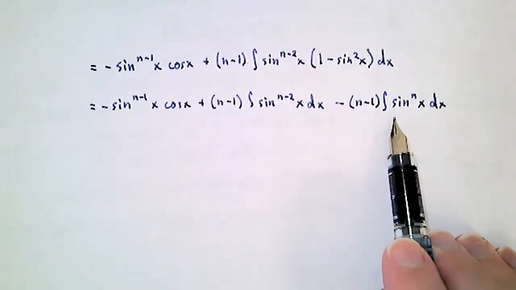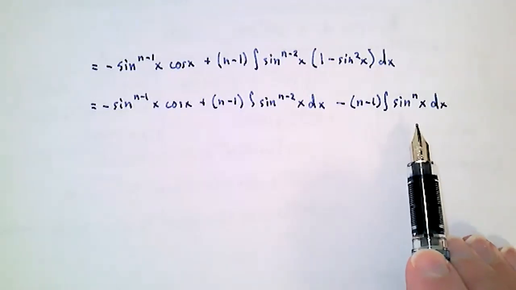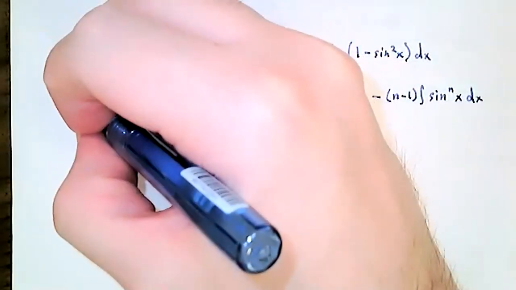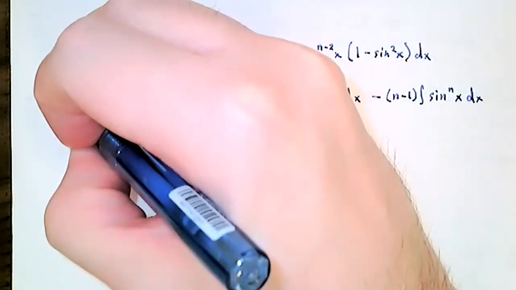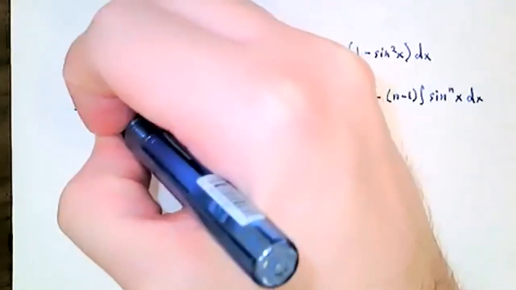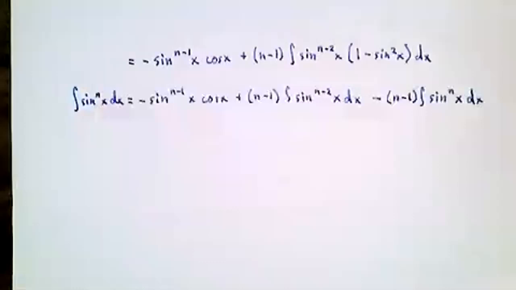So that seems familiar, right? Sine to the n of x dx. That's where we started. So over on the left side of this equal sign, I'm going to write where we started, sine to the n of x dx.